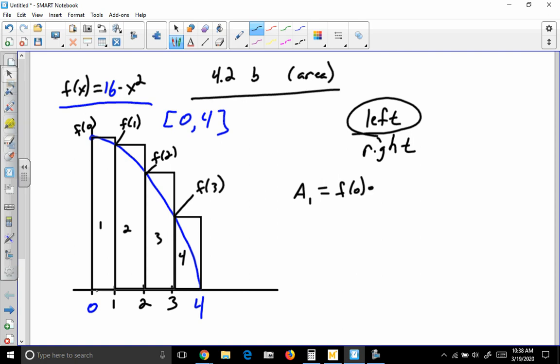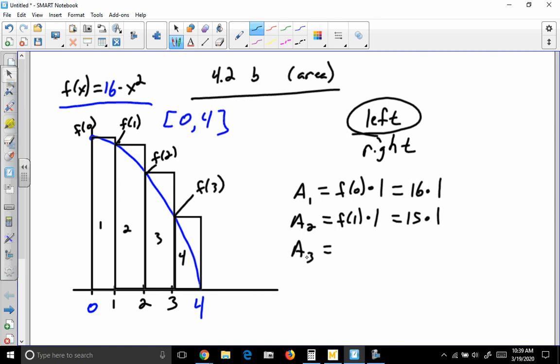then the area of the first rectangle is given by its height, f of 0, times its width, and each of these rectangles has a width of 1. Substituting 0 into our function, we get 16, times a width of 1. For the second rectangle, the height is f of 1, and the width is 1. Putting 1 into our function, 1 squared is 1, so our height is 15, times 1.